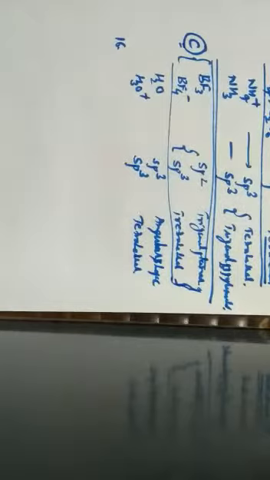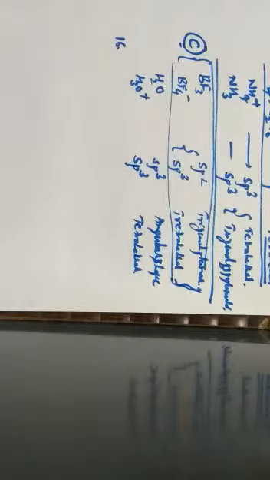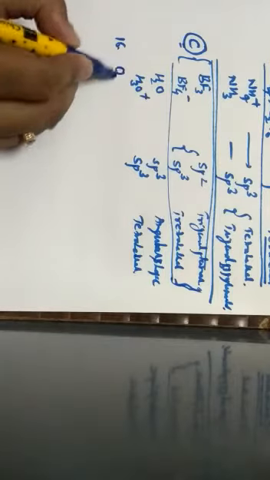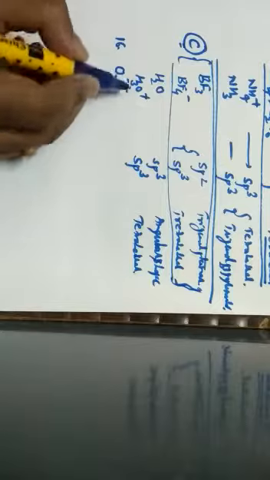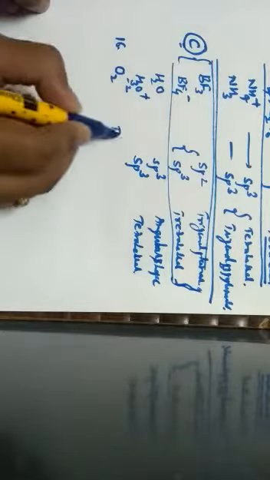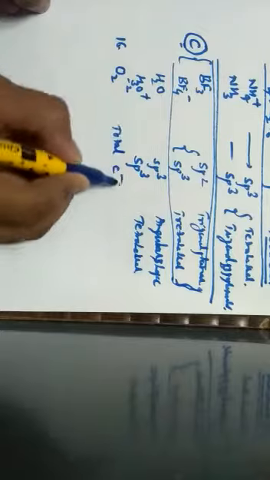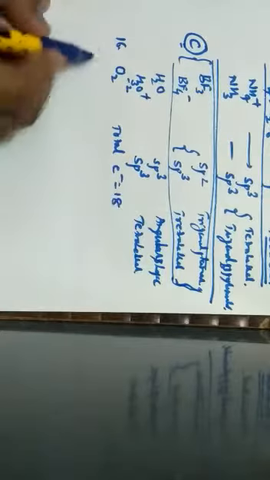Next one, question number 16. The question is: peroxide ion has. The peroxide ion is the O2 2- ion. This O2 2- ion has a total number of electrons of 18.